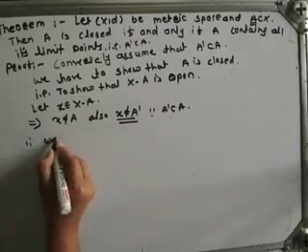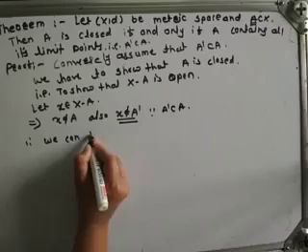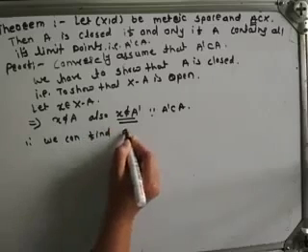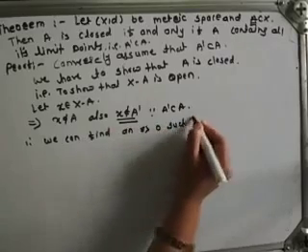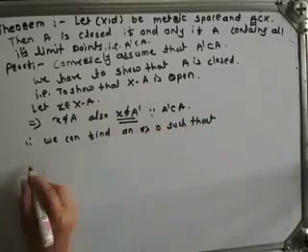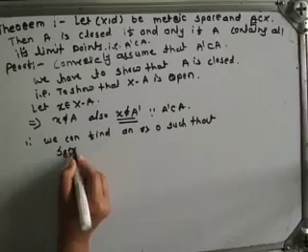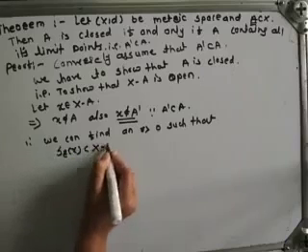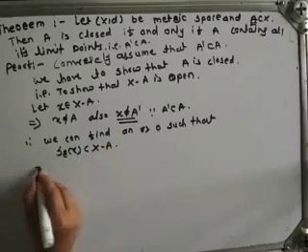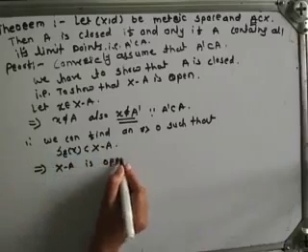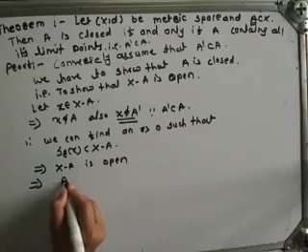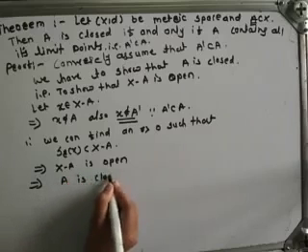Therefore, we can find an r greater than 0 such that S_r of x is a subset of X minus A. That implies X minus A is open. That implies A is closed.